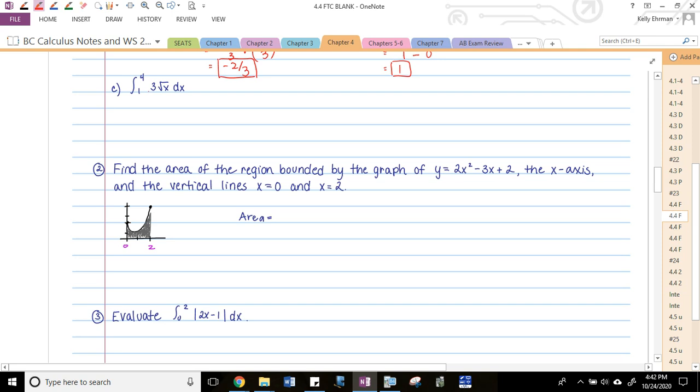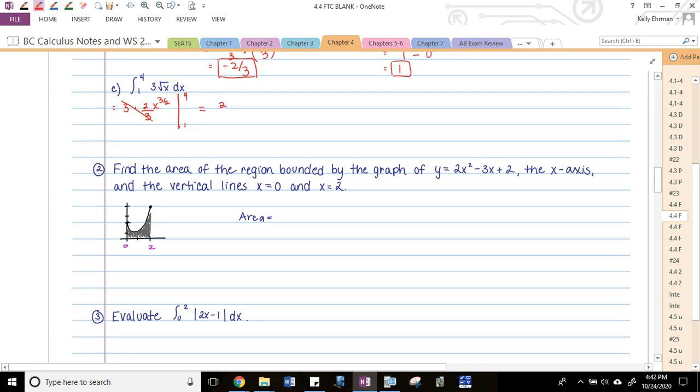Next one, remember this is 3x to the 1/2. So we would get 3. When you add 1/2 plus 1, you get 3 over 2. So it's going to be 3 times 2/3 x to the 3 over 2. And then we're evaluating that from 1 to 4. The 3's cancel out. So you have 2 times, now I wouldn't leave this as an exponent.